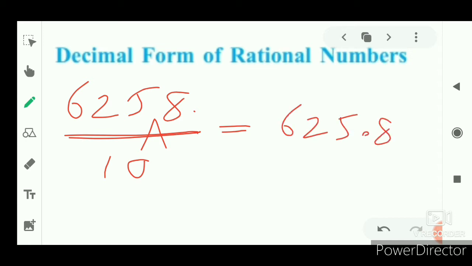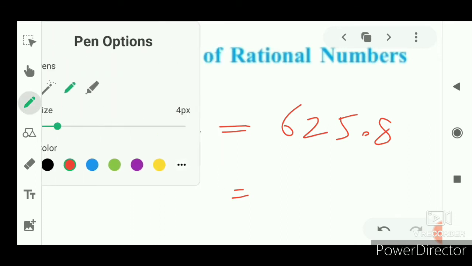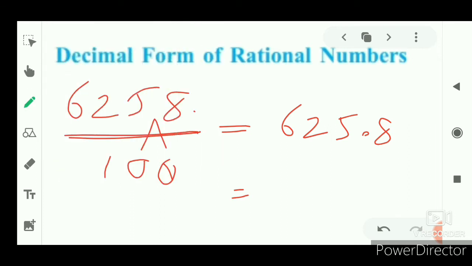So the number will become 625.8. Now what will happen if we divide the same number by 100? If we are dividing by 100, 100 contains two zeros. It means that the decimal point will go two steps backward. Now the answer will be, this decimal point will go two steps backward, 1, 2 here.